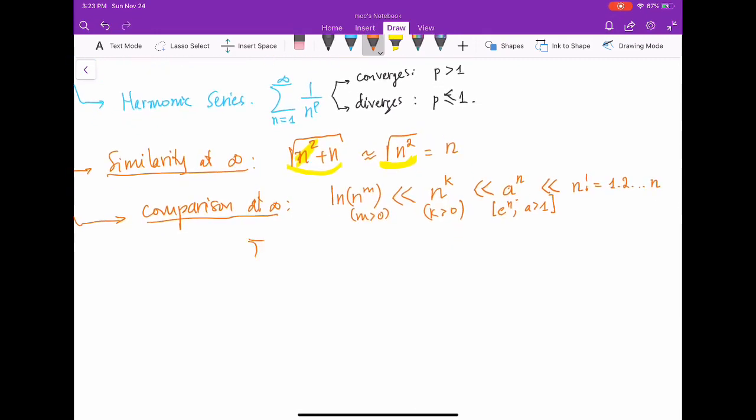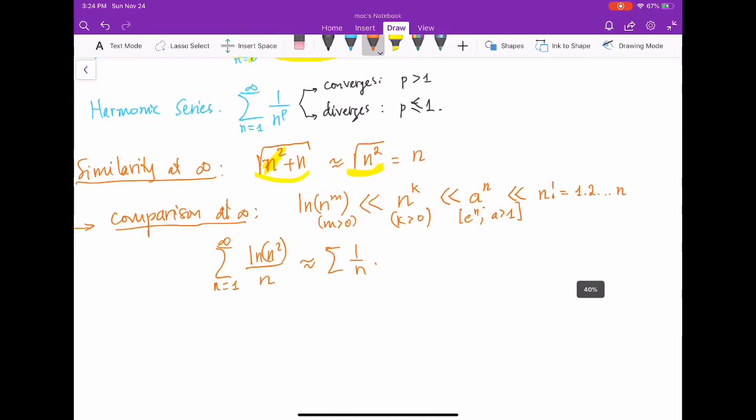Like, you have the series of ln of n squared over, let's say, n. Does this series diverge or converge? This series diverges. Actually, this is not a really good example, but anyway, the series diverges because you can compare this with 1 over n.